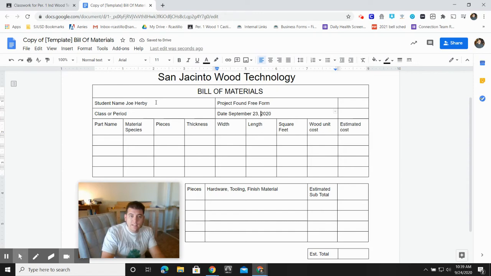So there's no sense in selecting the ninth month of the year when we could very easily select September. So I'm going to go ahead and type the period, and then your period number. So that's shift and number.